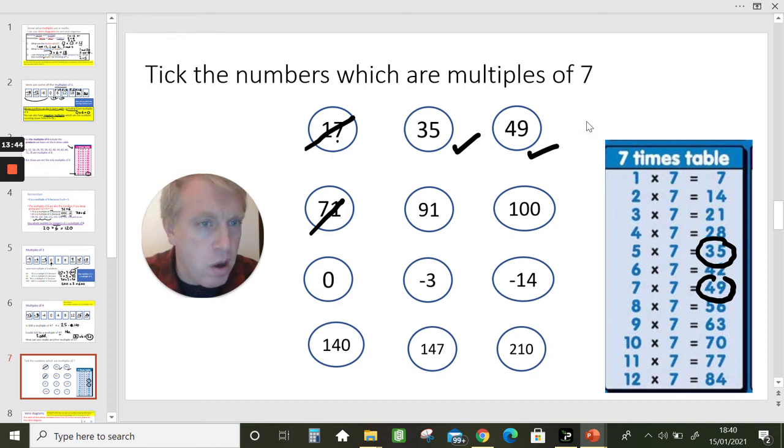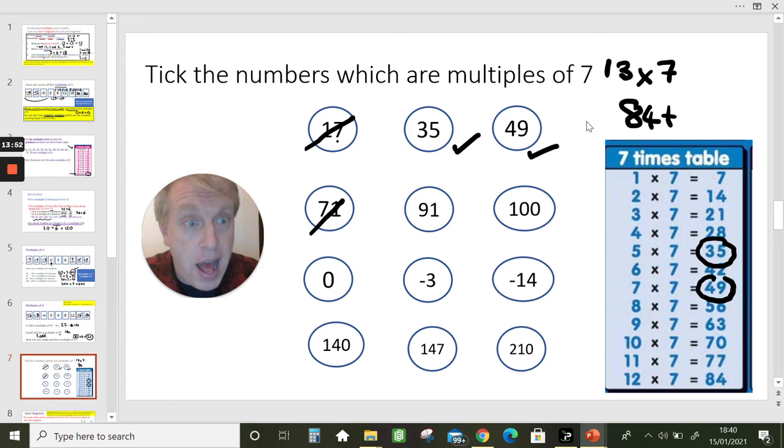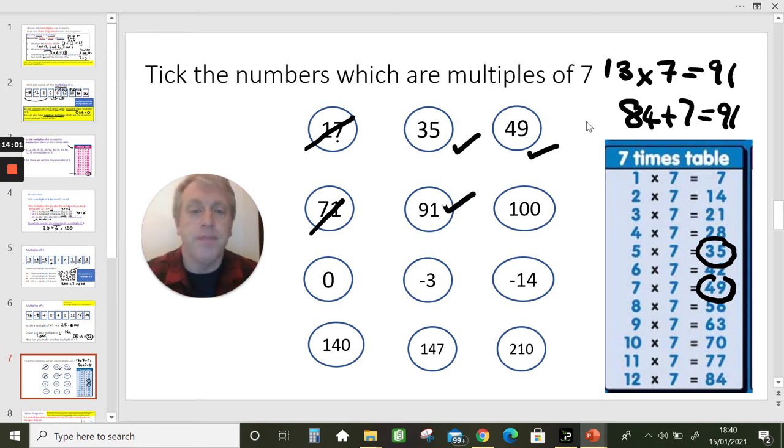So let me work out 13 times 7. I've got to do 84 add 7 is 91. So 13 times 7 is 91. 91 is. You can probably work out the other ones. Don't forget what we said about 0. 0 is a multiple of 7.